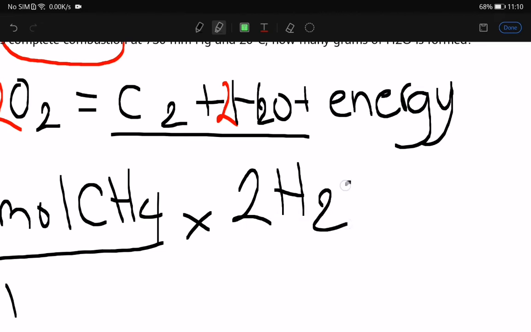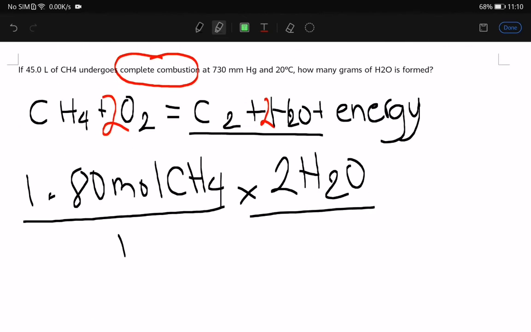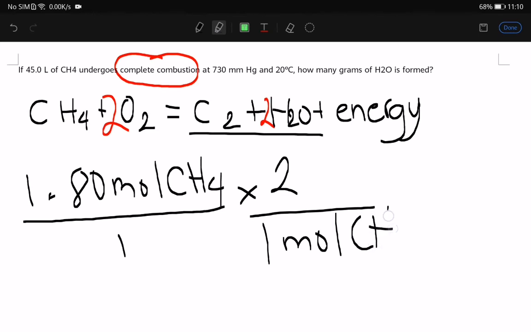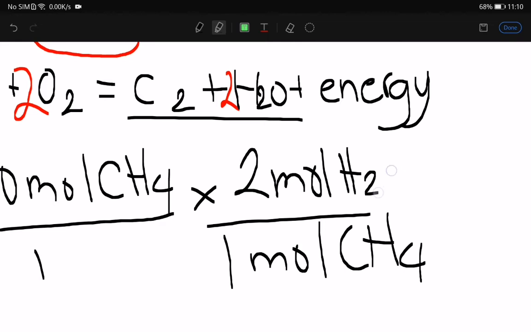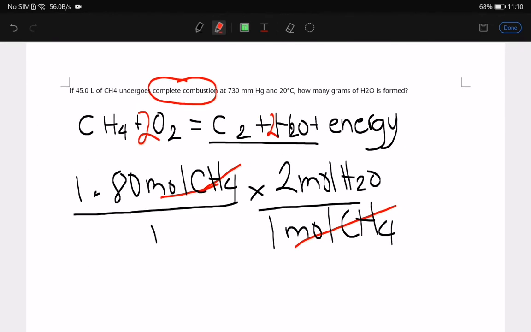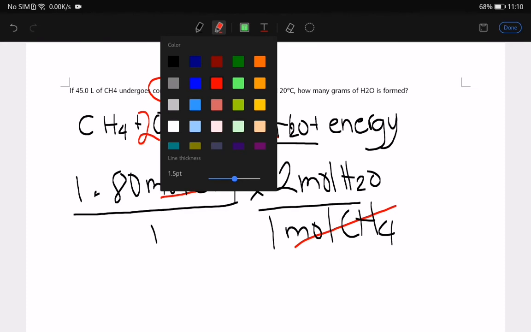2H2O over your 1 mole. Okay, that's incomplete, it's wrong. 1 mole of methane is equal to 2 moles of water. So, cancel both sides. 1.80 times 2 is just 3.60.